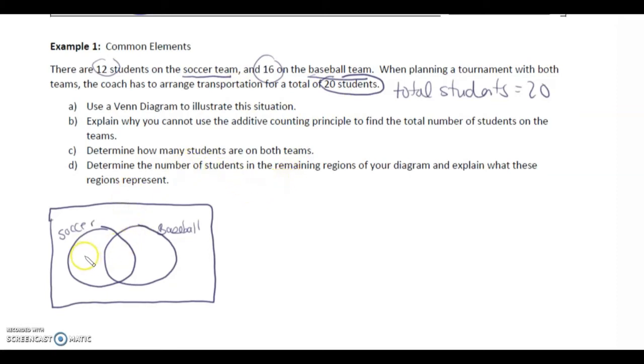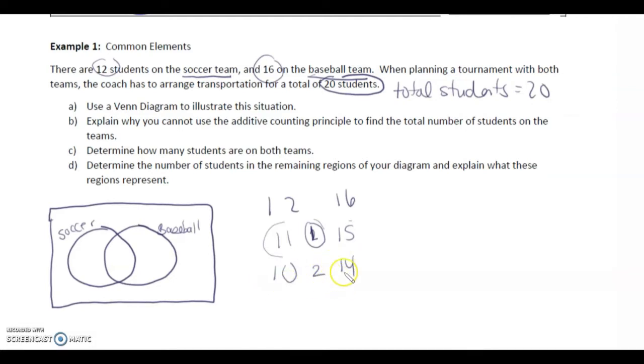So if 12 are on the soccer team and 16 are on the baseball team, you can do this in kind of a logic way. So 12 and 16. But if 1 is common, then it would be 1 and 15. If 2 students are common, it would be 10 and 14.